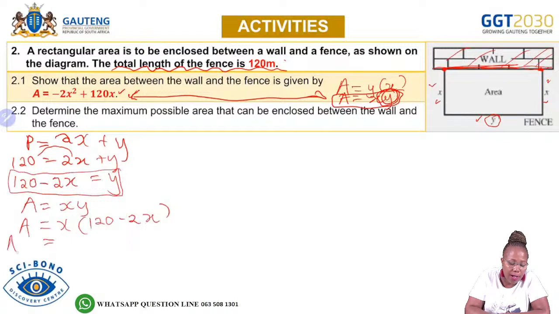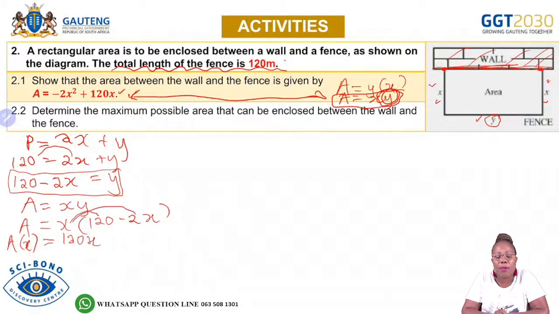So now our area in terms of x will be what? We are multiplying x in: x times 120, that will be 120x, and then x multiplied by minus 2x, that will be minus 2x squared. That is the equation for the area.